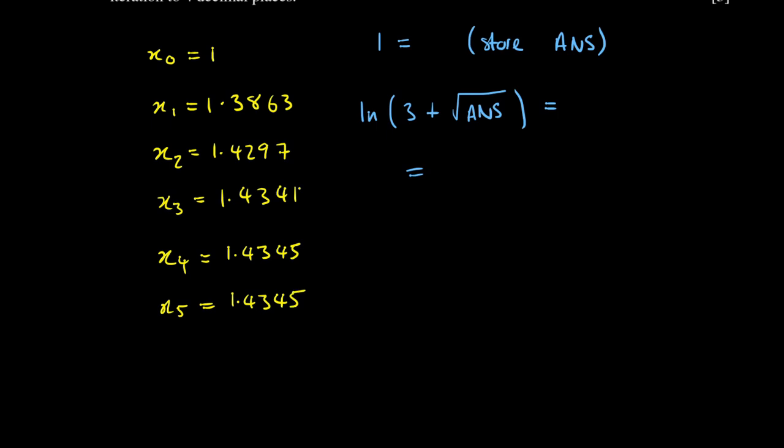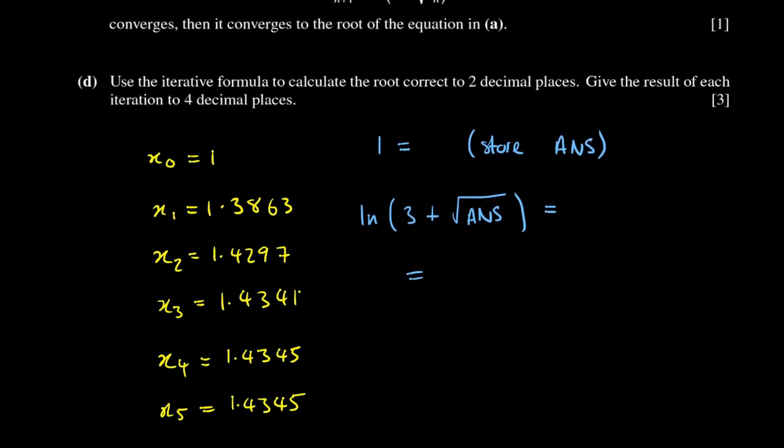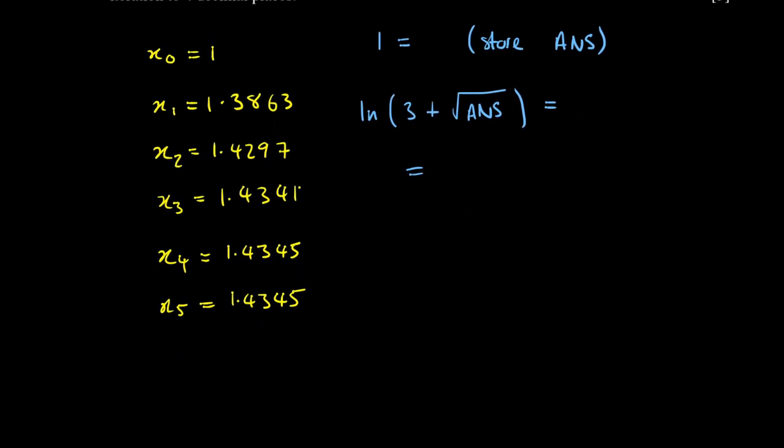If I was to hit it again, I get 1.4345, and you just keep hitting equals, and there's no change, 1.4345. We were asked to do it to 2 decimal places. So to 2dp, the root is x is equal to 1.43.